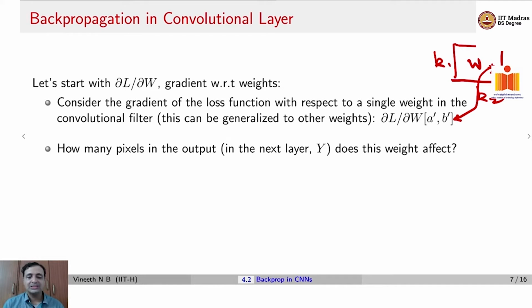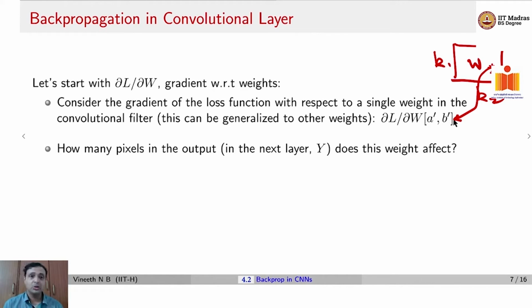To do this, let's ask the question, if you used a filter W in a convolutional layer, how many pixels and which pixels in the output or next layer Y does that particular weight value affect?